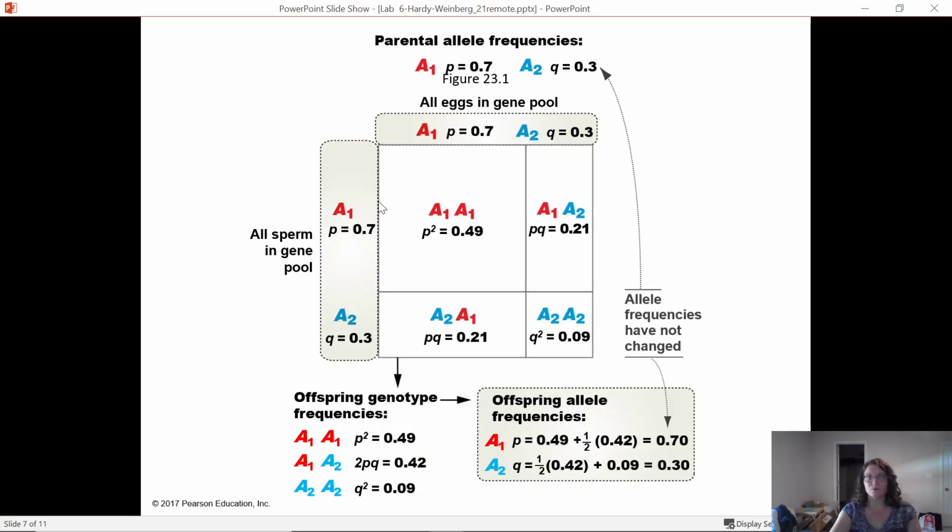The AND and OR rule. 0.7 times 0.7, well, that's 0.49, okay? And then we get 2PQ because there's a frequency for getting the heterozygote from the dominant from mom and recessive from dad, but then there's also one getting the recessive from mom and the dominant from dad. And so then there's the OR rule there, okay?